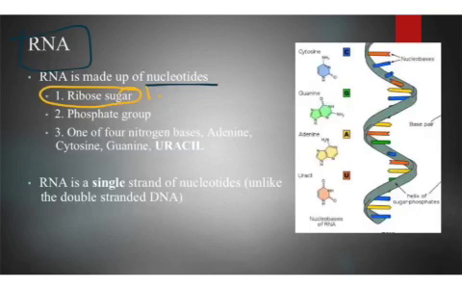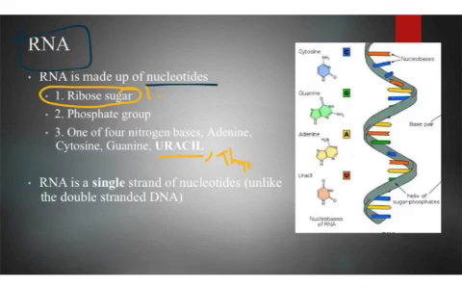RNA still has a phosphate group, just like DNA does, and RNA still has four nitrogenous bases: cytosine, guanine, adenine, but remember that uracil is what is different from DNA. So uracil replaces the thymine in DNA.